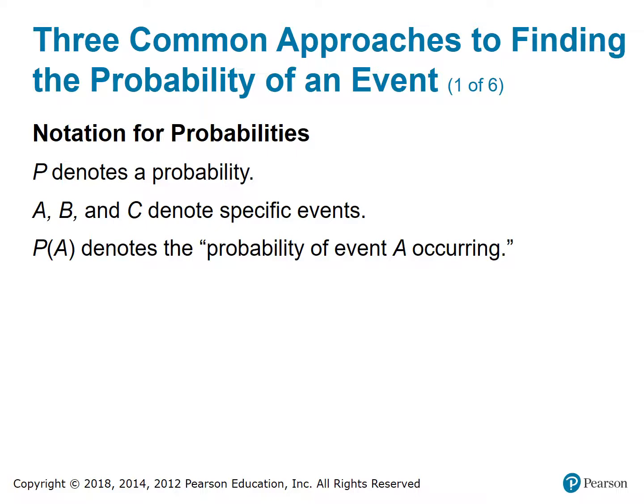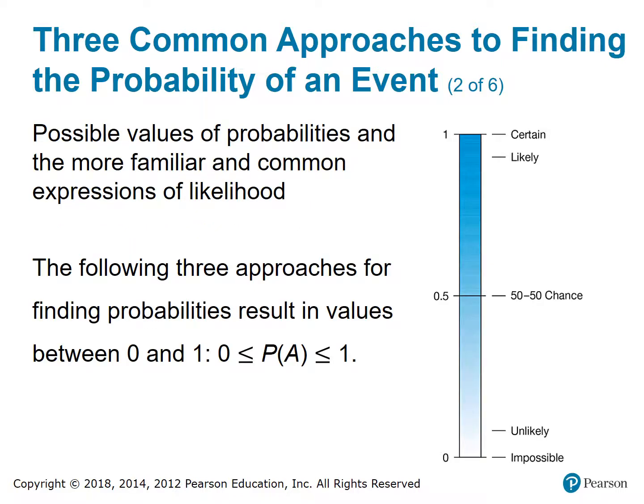All right, so once again, P denotes a probability, and A, B, and C typically denote specific events. And so if we write P of A, that denotes the probability of A occurring. And once again, here's a visual representation of what I was talking about earlier on. You have something that is down here.